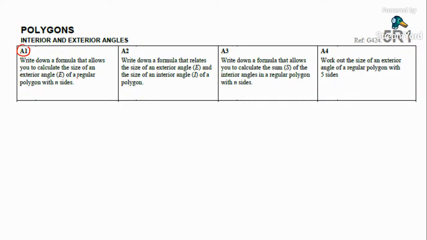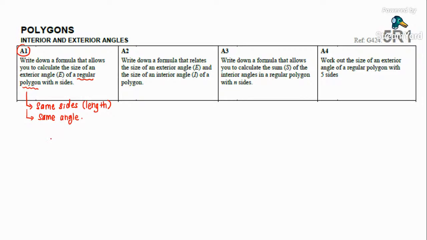So in this case, the keyword is regular polygons. Regular polygons, as I said just now, must have the same side lengths and also the same angles.